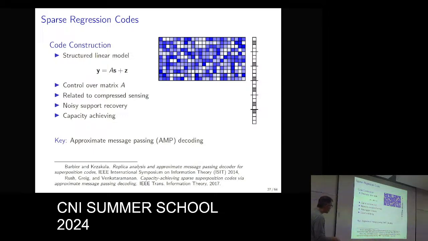Here they call it superposition code, but these are the 2 names. Sparse regression code and superposition code are the same thing. And this other paper by Rush, Greig, and Venkataramanan shows that when you use a sparse regression code structure with a certain power distribution and apply approximate message passing to it, a low complexity algorithm, you can get capacity-achieving performance.